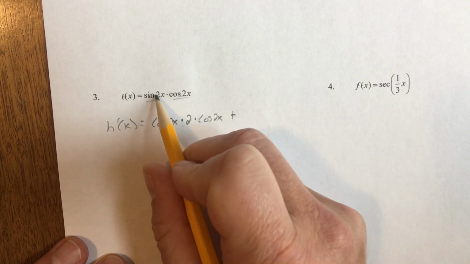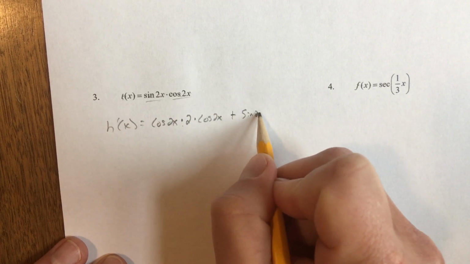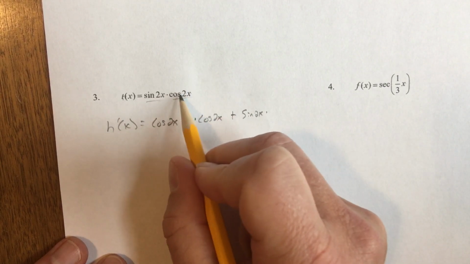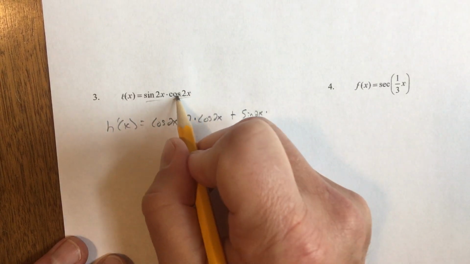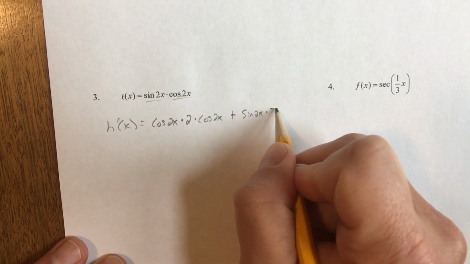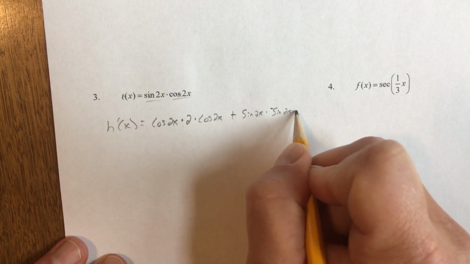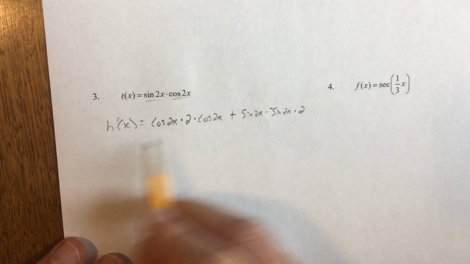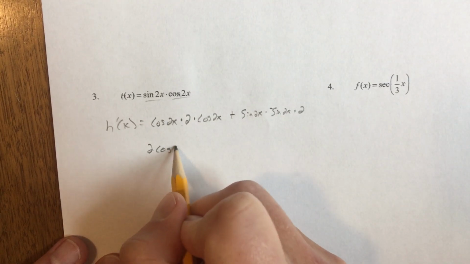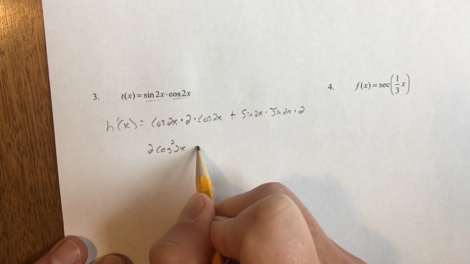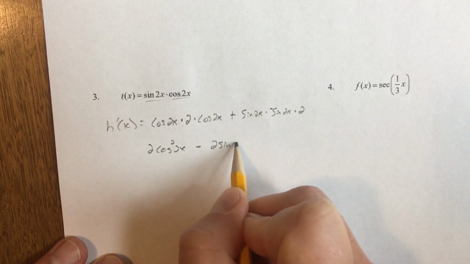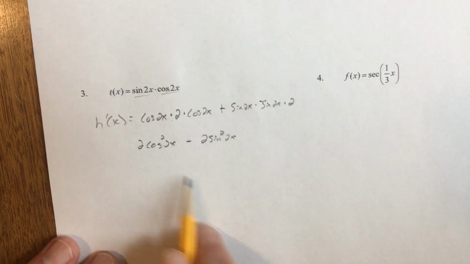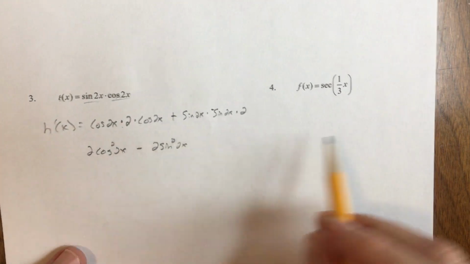And then plus, now we're going to leave sine 2x alone, times the derivative of cosine 2x, which is also a chain rule. I have to take the derivative of cosine, which is negative sine, leave the inside alone, times 2. So another way of writing this would be 2 cosine squared 2x minus 2 sine squared 2x. That'd be a little simpler way to look at it, but I think it's the job done.